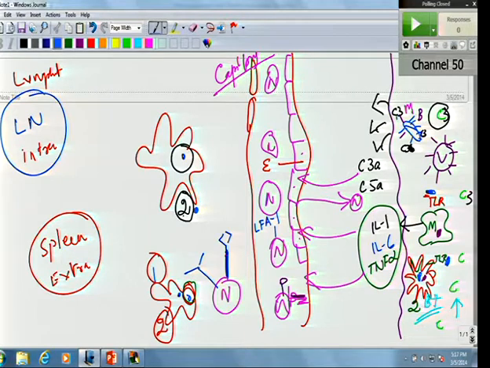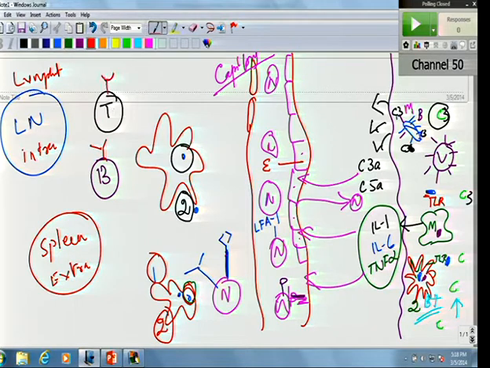Okay, so the dendritic cell now will take it to the spleen as well as maybe to the lymph node. And who is waiting there? Who's waiting in the lymph node and spleen? You have the naive T cells and the naive B cells, with the T cell with its receptor.